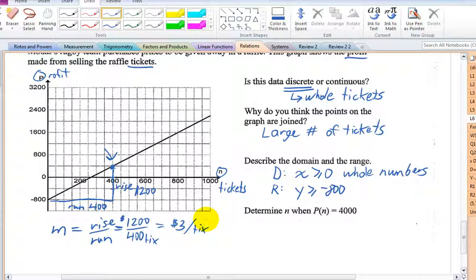So for your range, y is greater than or equal to negative 800, and you go up by multiples of 3. That's because each ticket you sell, you make $3 off of it. Why did we have to state these two things?